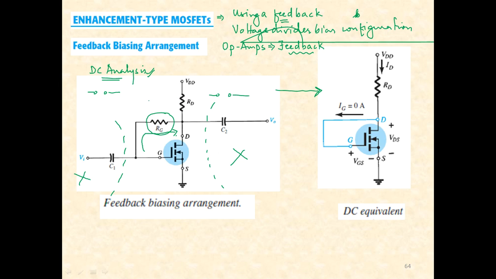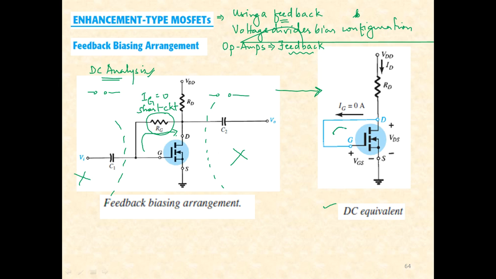Since Ig is 0, the voltage drop will be 0, and since the voltage drop is 0, it has to behave like a short circuit. That is why RG has been removed in the DC equivalent.